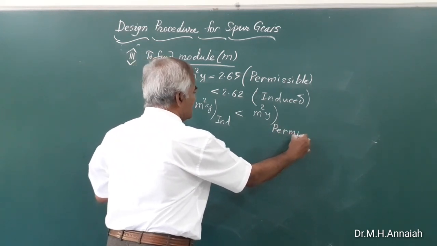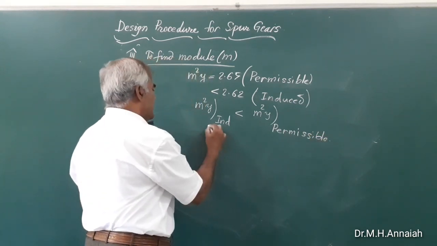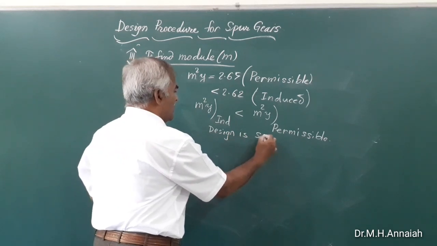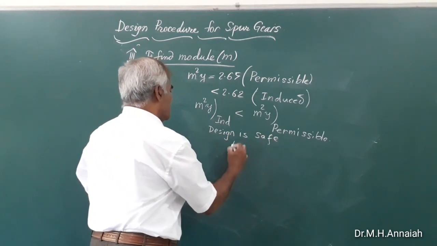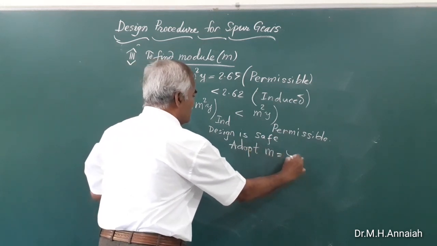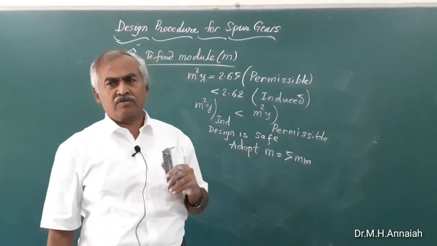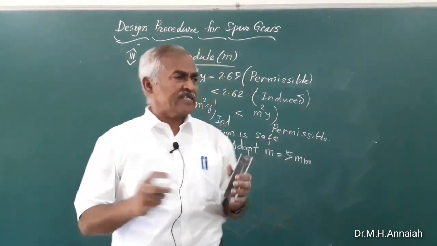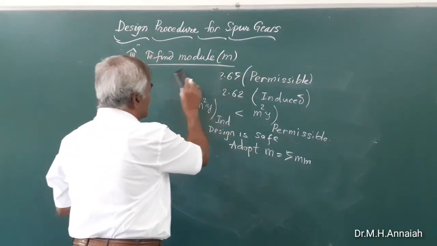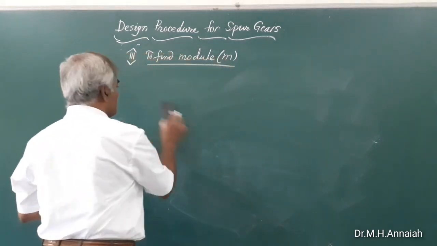So, whenever this is the case, we can immediately say that the design is safe, and you can adopt the module m equal to 5 millimeter. Friends, this particular step, as I told you in the beginning, is a very important step and this generally carries the maximum mark in the 4 steps that is being followed.